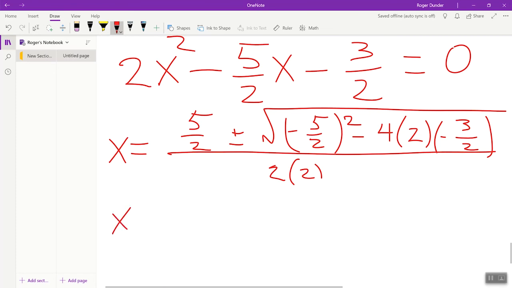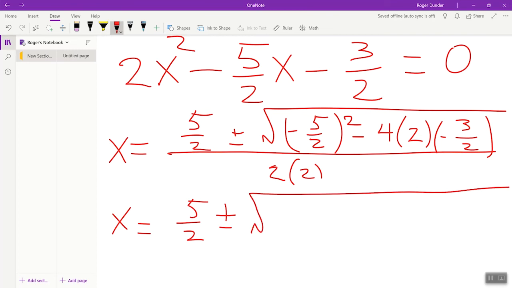So x is equal to 5 halves plus or minus square root of b squared. 5 halves squared is 25 over 4. Okay, plus this 2 cancels the 2 in the denominator of 3 halves.